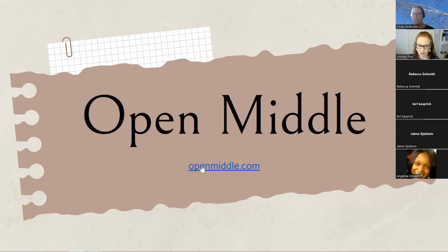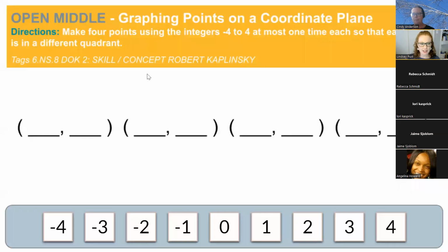So open middle. Here is an example of an open middle problem. I'll give you a moment to look at it. If your screen is small, the directions say make 4 points using the integers -4 to 4 at most 1 time each, so that each point is in a different quadrant.